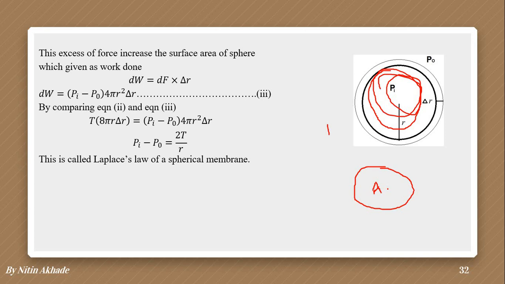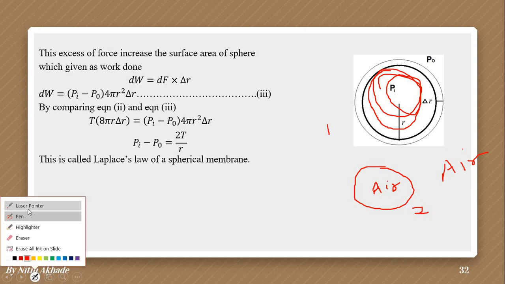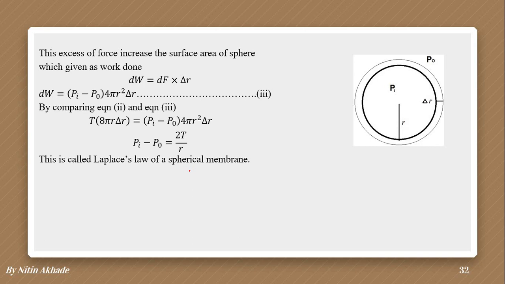In case of a bubble, we have two free surfaces of a liquid, but in case of a drop or spherical membrane, we have only one free surface of a liquid. So this Laplace law is valid for a spherical membrane or a drop.